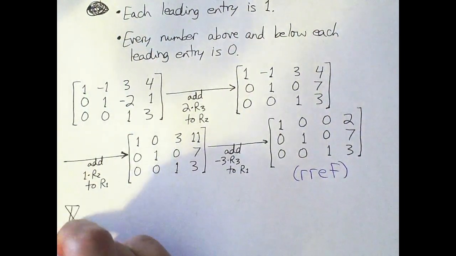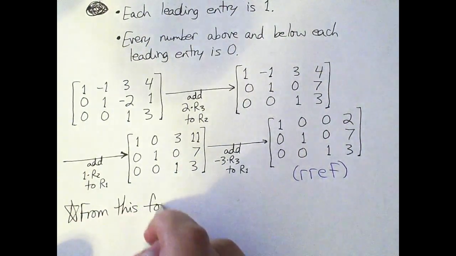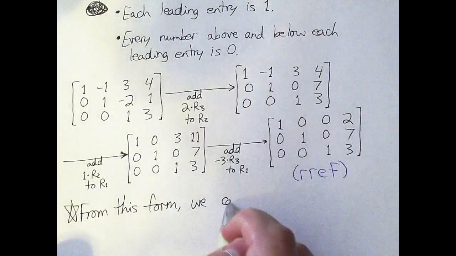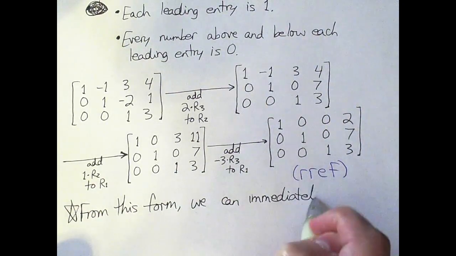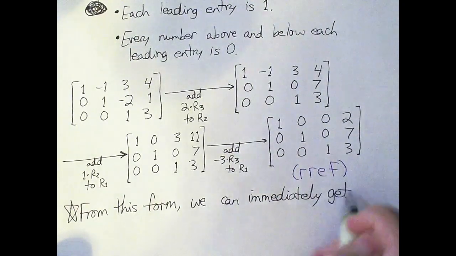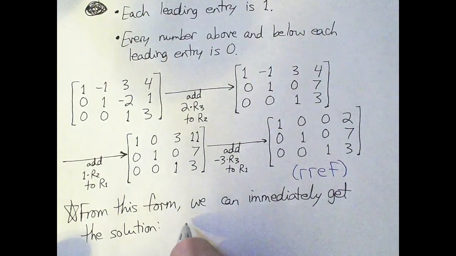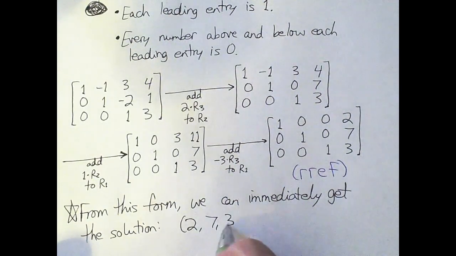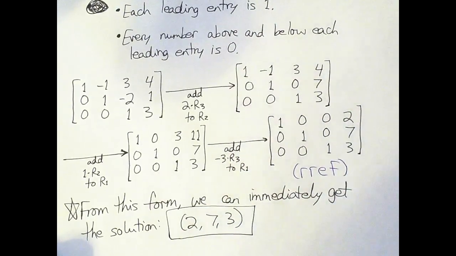So from this form, we can immediately get the solution. No back substitution required. You just look at it from top to bottom.